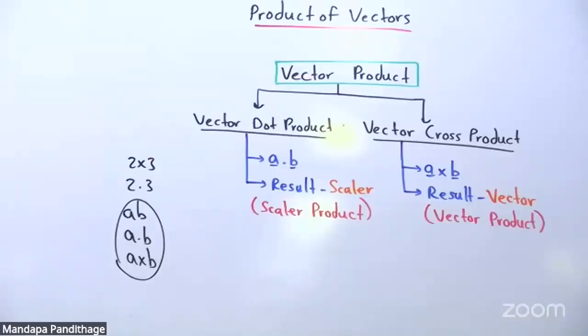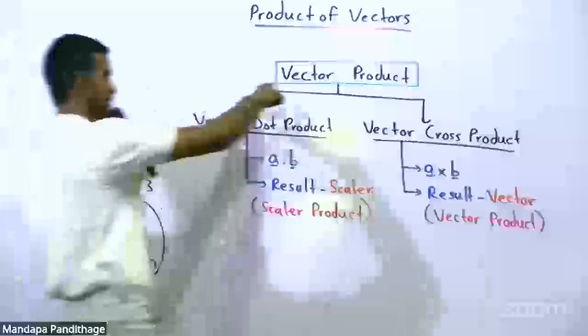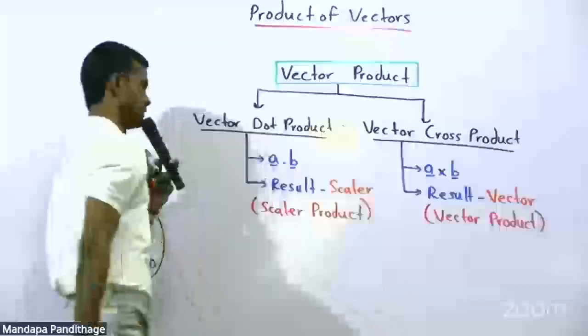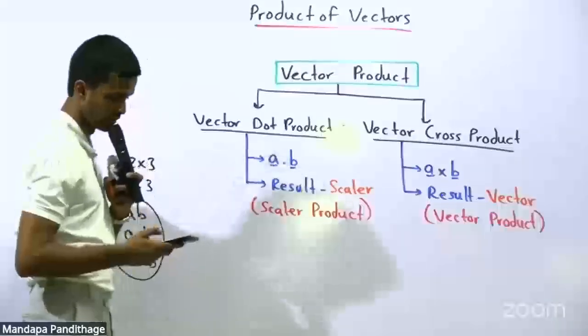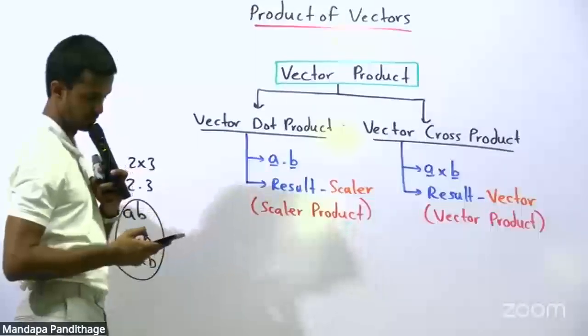Then put this vector product and write the two: vector dot product and vector cross product. Any questions here?